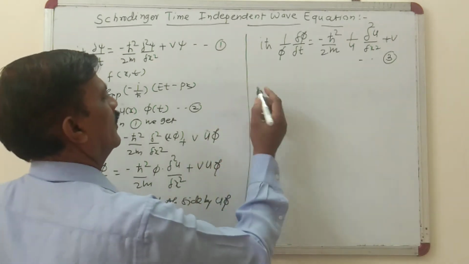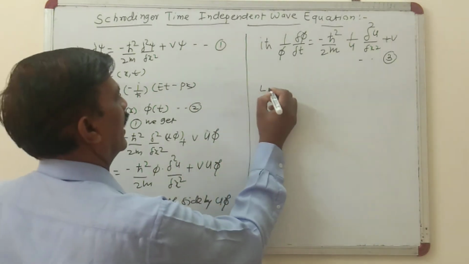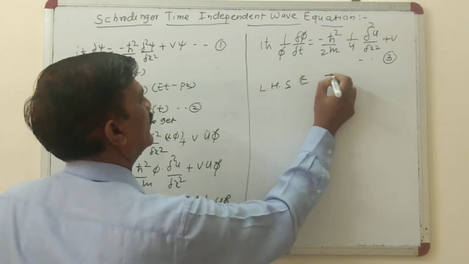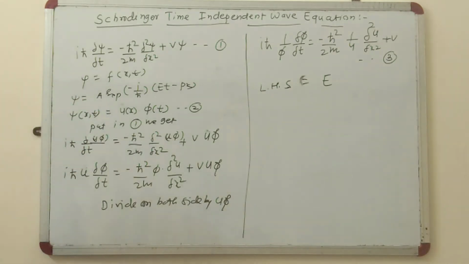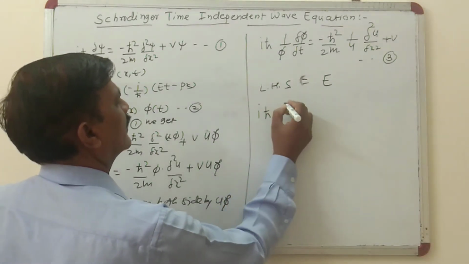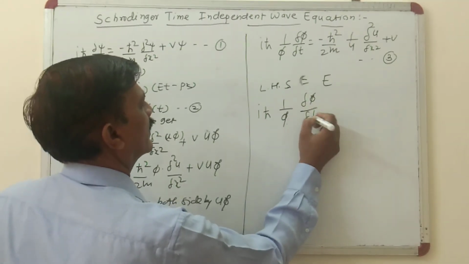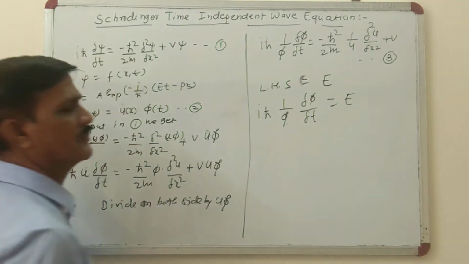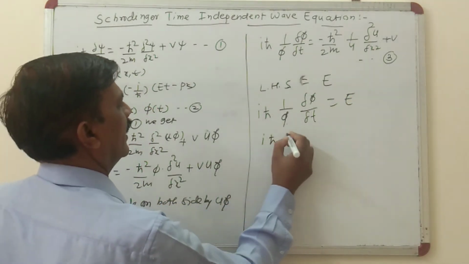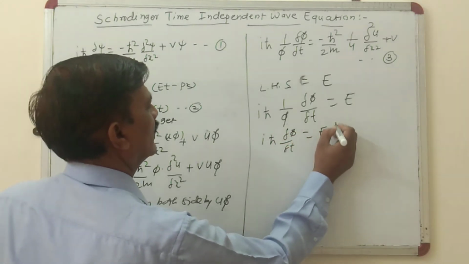Therefore we equate the LHS to E, the total energy. We get iħ (1/φ) ∂φ/∂t = E, that is, iħ ∂ψ/∂t = Eψ.